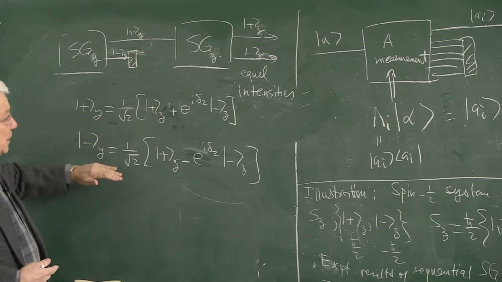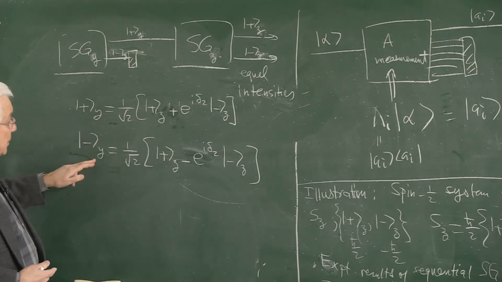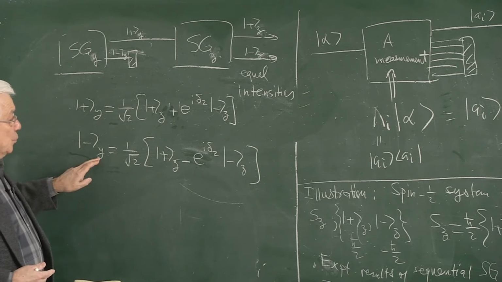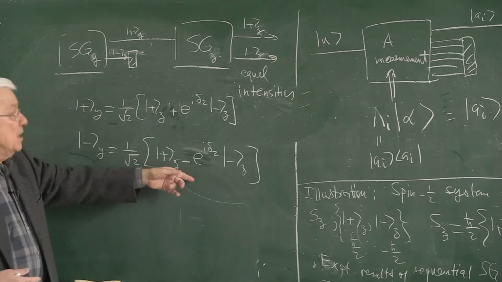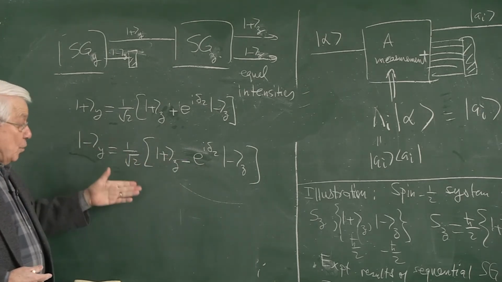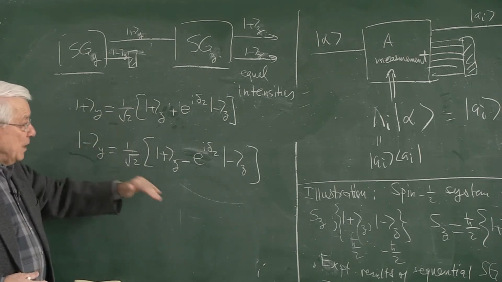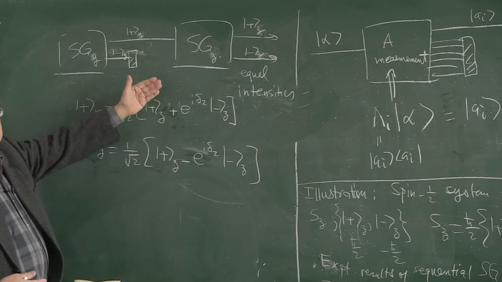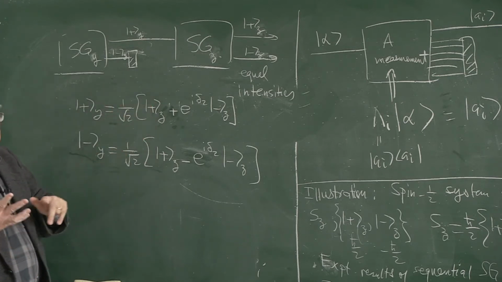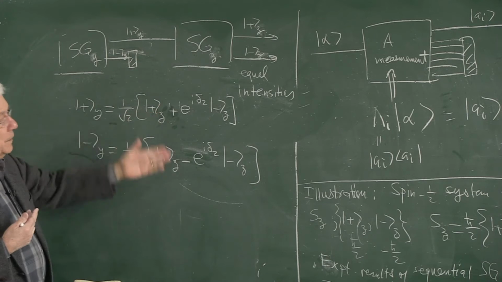The second component is obtained by writing this as again an arbitrary superposition of the plus and minus Z states with normalization condition, mod squares of the coefficients adding up to 1 and being orthogonal to this one. When you apply these conditions together, you get that expression.